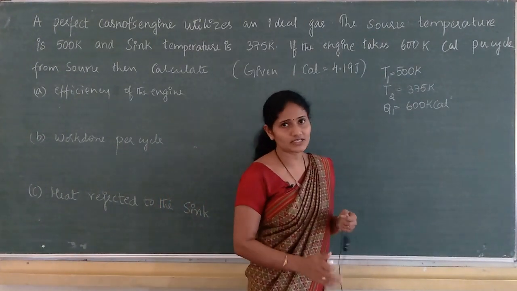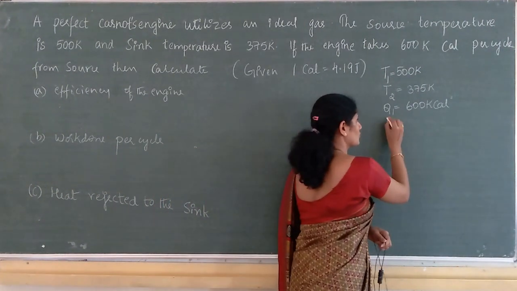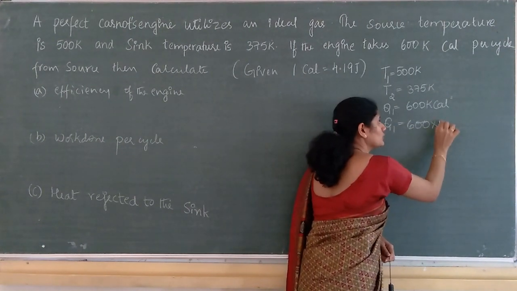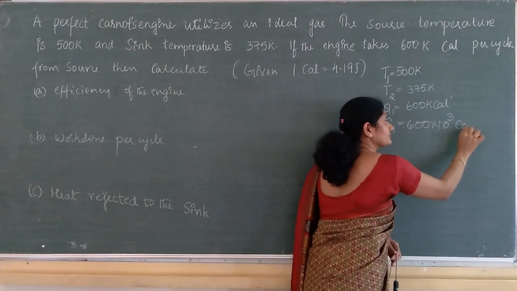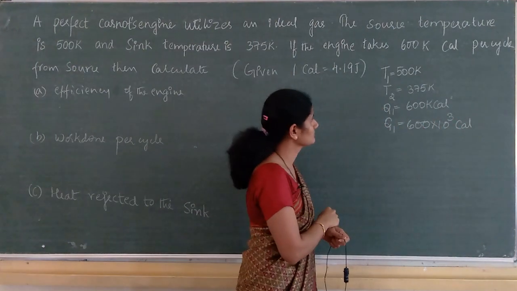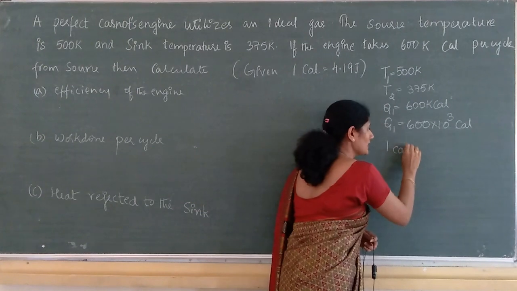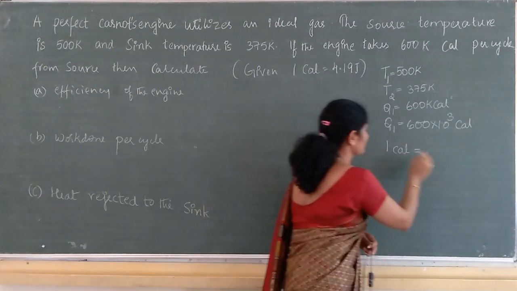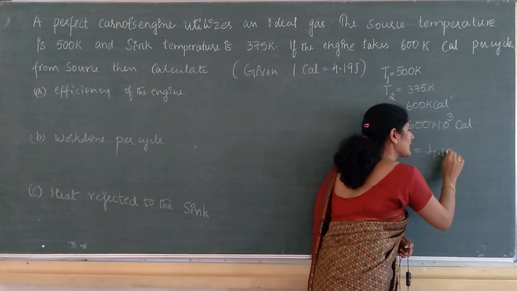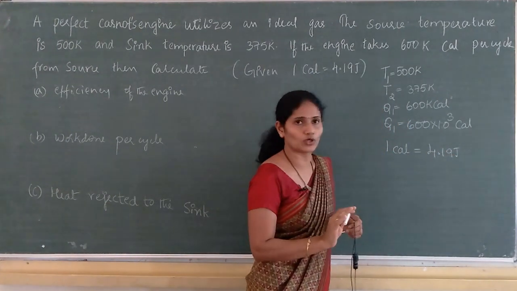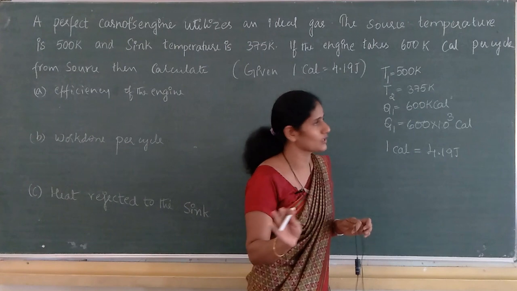Kilo, 1 kilo means 10 to the power 3. So, Q1 is 600 into 10 to the power 3 calorie. So, 1 calorie is nothing but 4.19 joule. Okay. 1 calorie is equal to 4.19 joule.